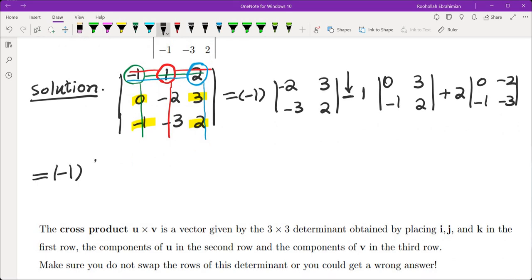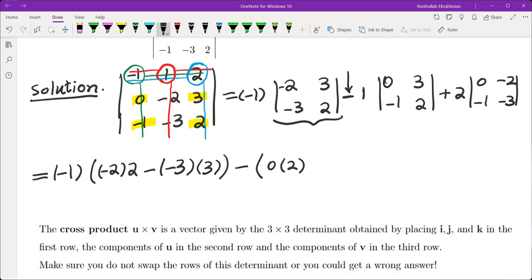So -1. Now here we have a 2 by 2 determinant, so we get -2 times 2 minus -3 times 3, minus parentheses 0 times 2 minus -1 times 3. And finally, we get plus 2 times 0 times -3 minus -1 times -2.